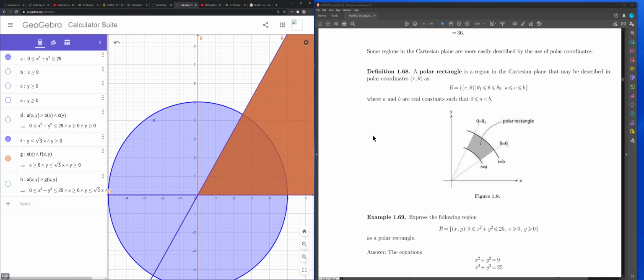So if we want a next example of a polar rectangle, where this angle theta 1 is equal to 0 and this angle theta 2 is equal to pi on 3, or 60 degrees, so this is 0 over here, this is 60 degrees, and this outside radius is 3, then that would be this here.